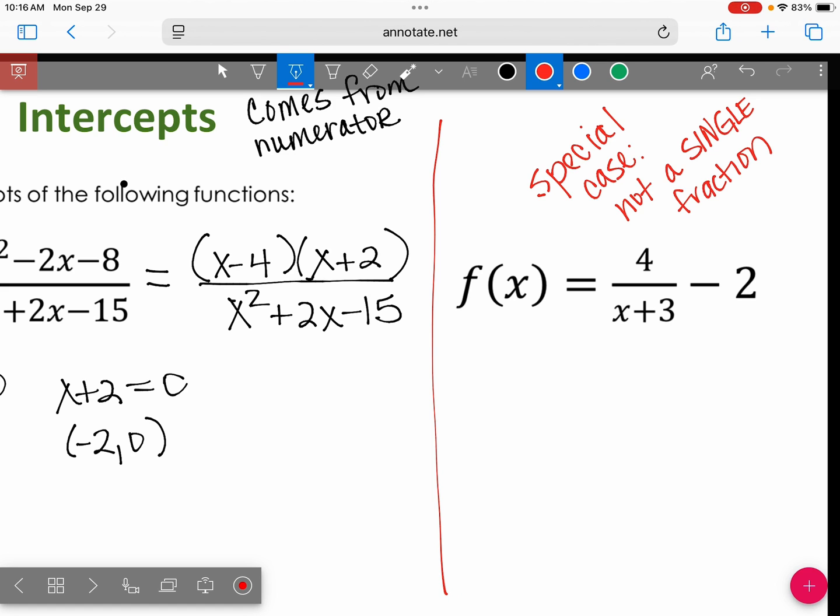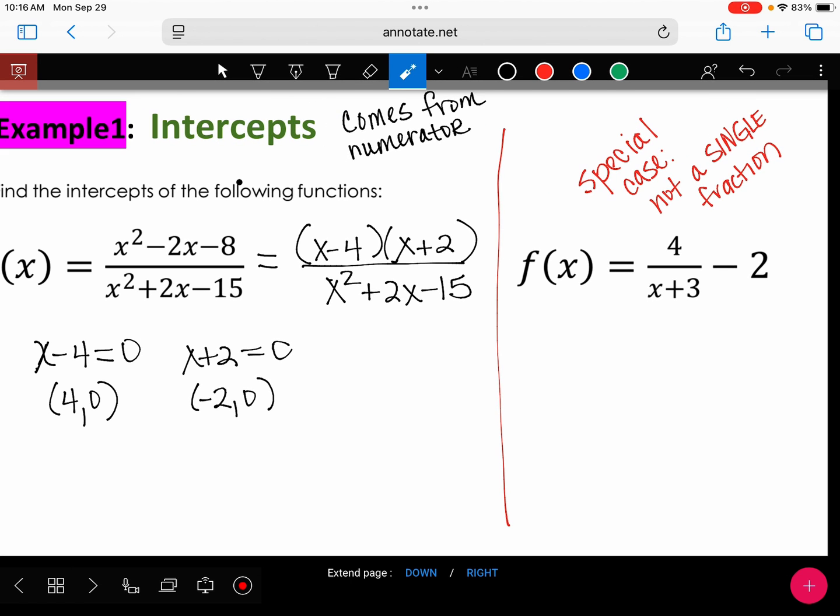So this -2 changes everything. Now we also know by definition, the x-intercept is the x value when y is 0. So when we run into this special case, we're going to have to approach it a different way.